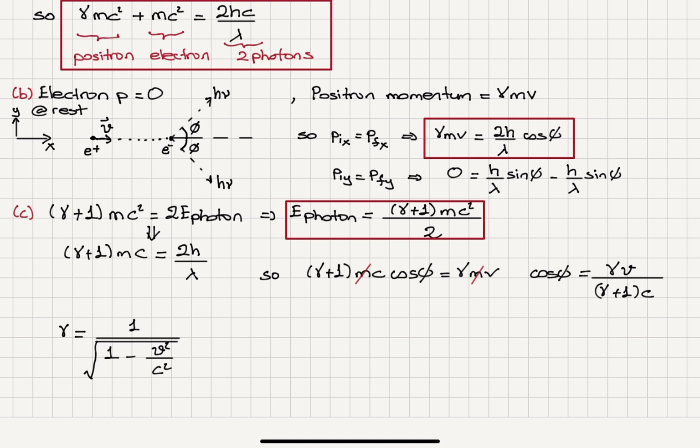So that means 1 over gamma square is equal to 1 minus v square over c square.